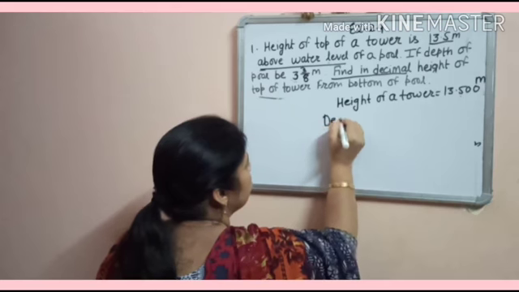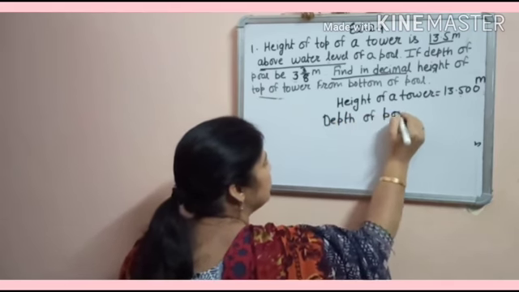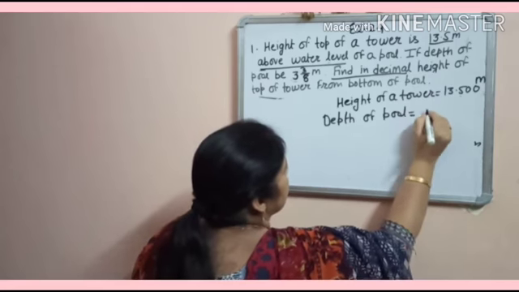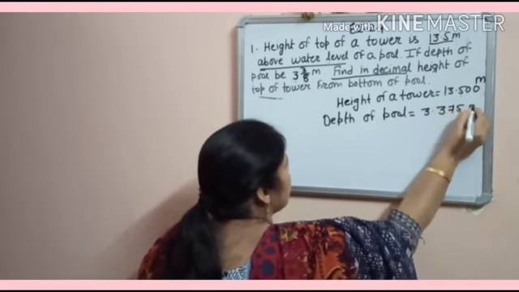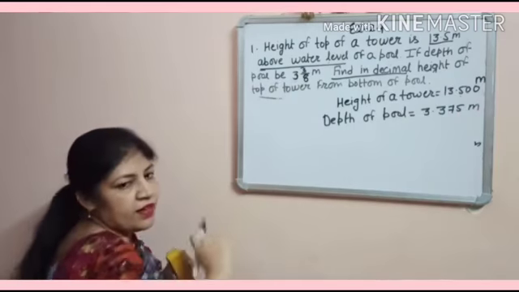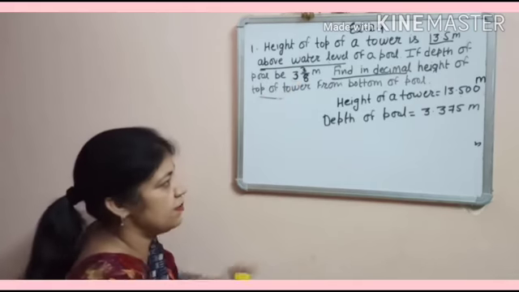Now the depth of the pool is 3.375 meter. We have converted it into decimal.